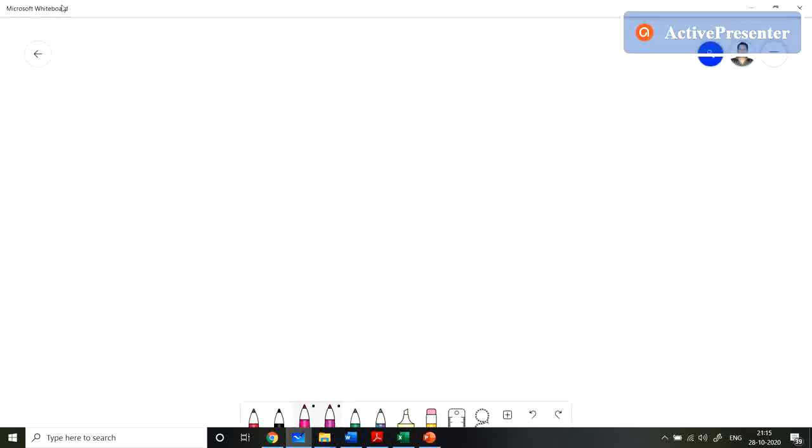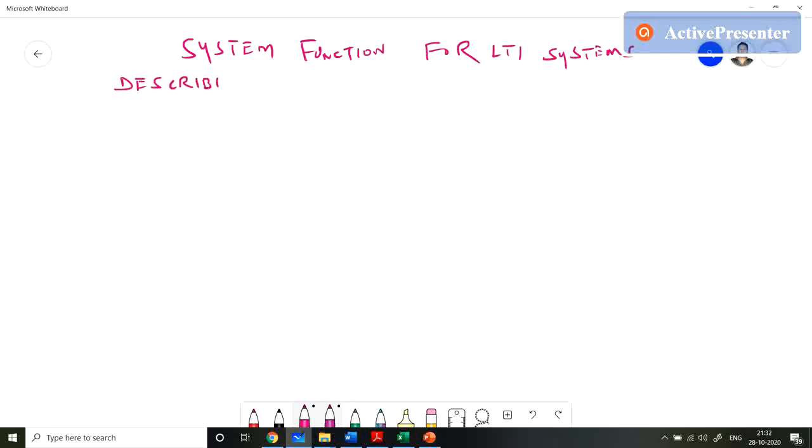Next is the system function for LTI systems described by a linear constant coefficient differential equation.